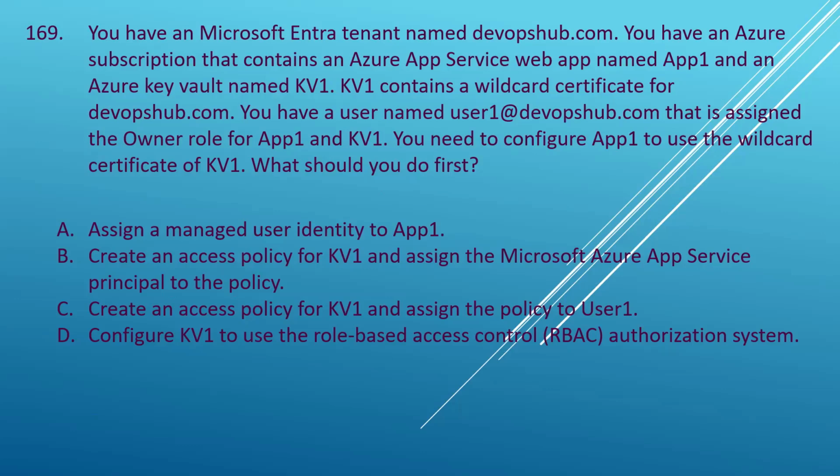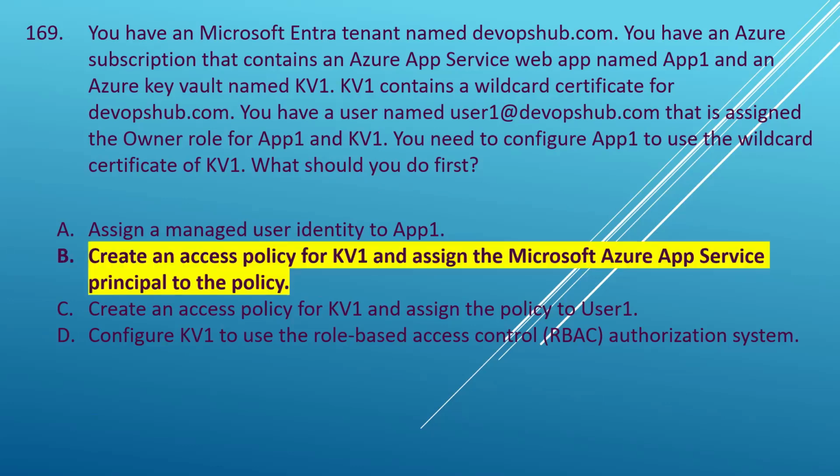You need to configure App1 to use the wildcard certificate of KV1. What should you do first? Your options are: assign a managed user identity to App1; create an access policy for KV1 and assign the Microsoft Azure App Service principal to the policy; create an access policy for KV1 and assign the policy to user1; or configure KV1 to use the role-based access control authorization system.